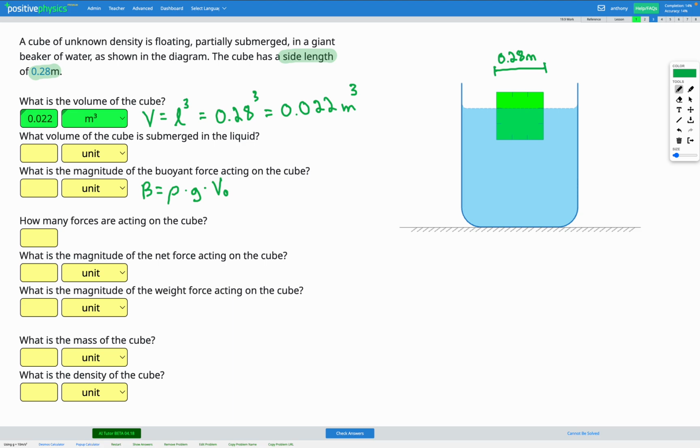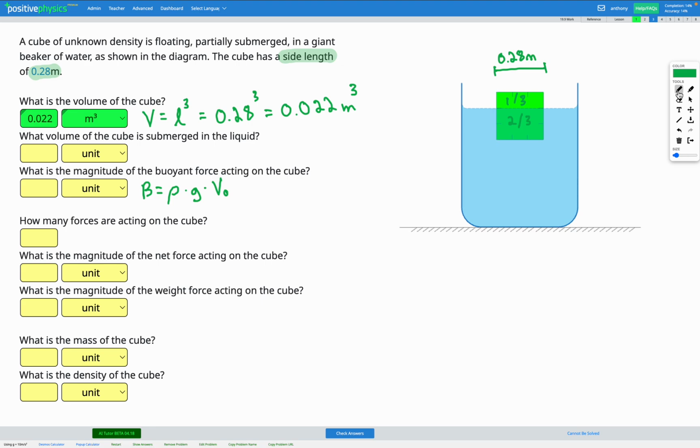But remember, in this question, the whole cube isn't submerged. Only this part is submerged. We can see by the markings on the cube here that we have 2/3 of our cube submerged in water and 1/3 of our cube is above the water.